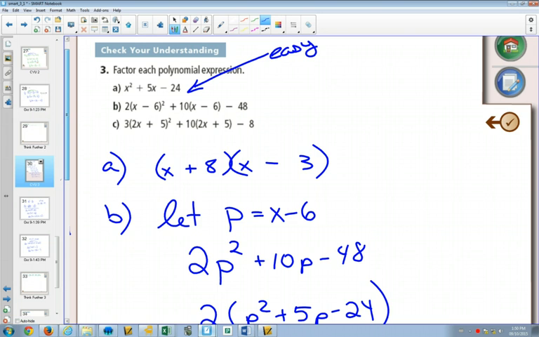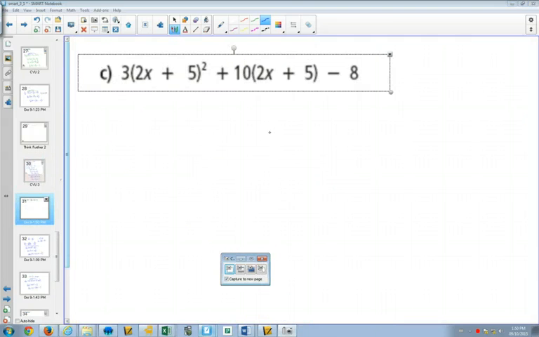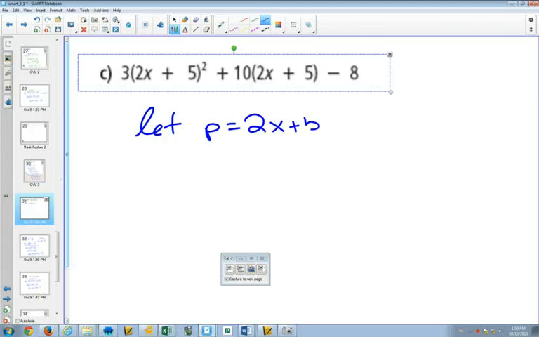Can you see in part C? What should we let our P equal to? So if we let our P equal to 2x plus 5.